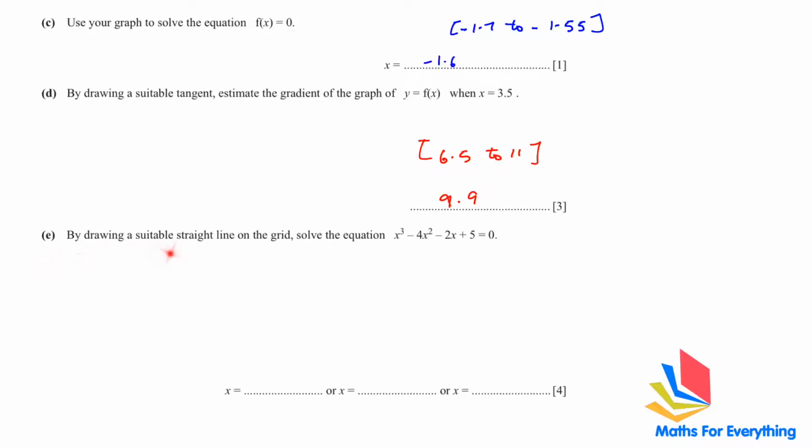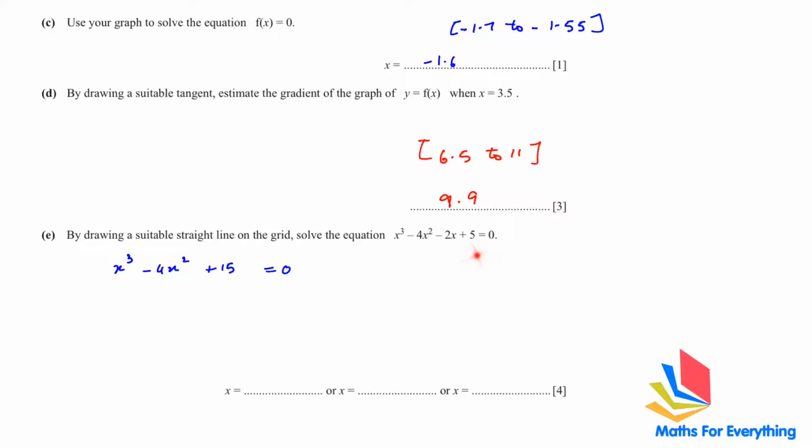Next, by drawing a suitable straight line on the grid, solve the equation x cubed minus 4x squared minus 2x plus 5 is equal to 0. Let's write down our original equation f of x first. We had in the question x cubed minus 4x squared plus 15 is equal to 0.